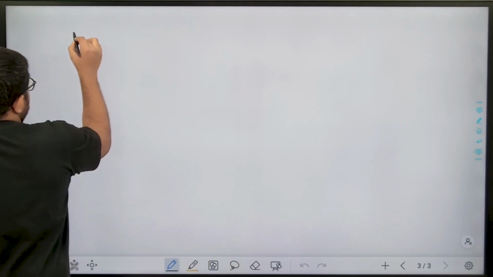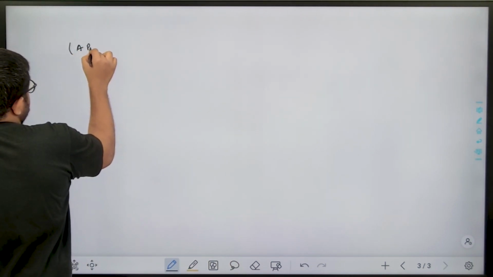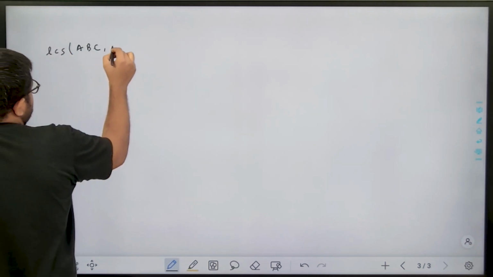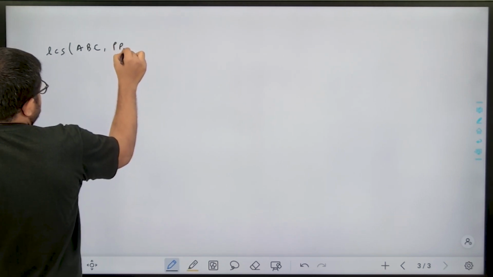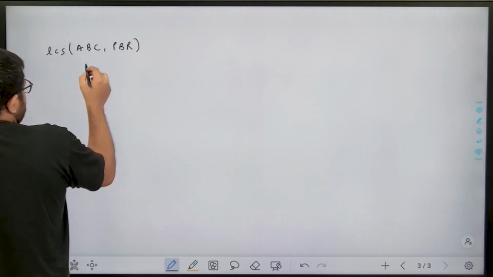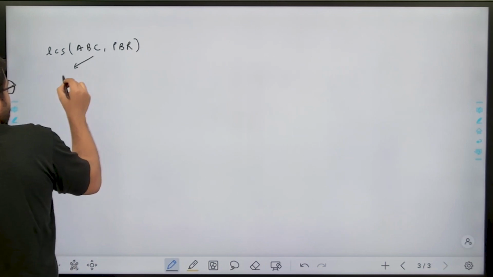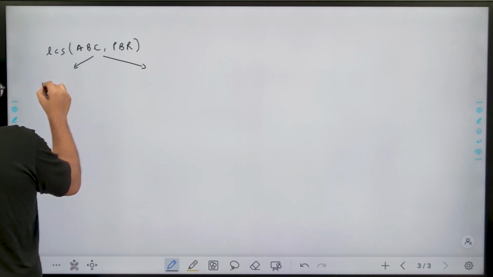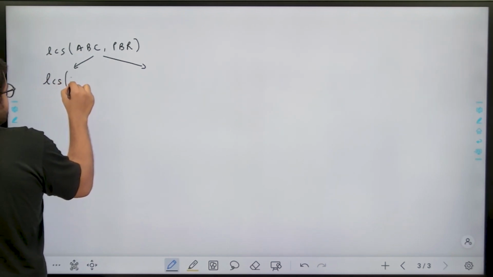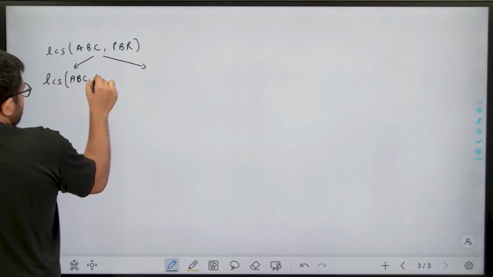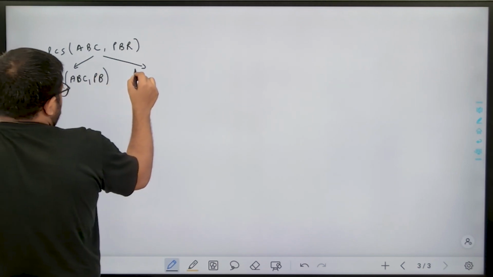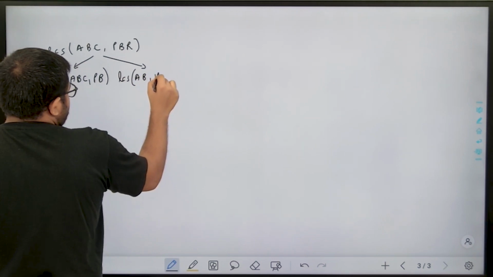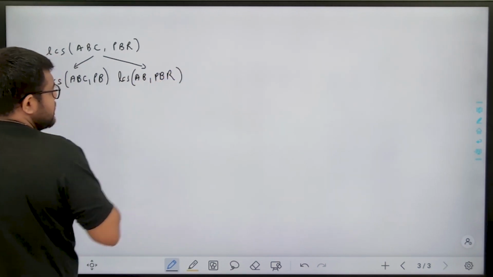So for example, if I want to find longest common subsequence between A, B, C and P, B and R, then since the last character do not match, I will call longest common subsequence of this, which is nothing but max of longest common subsequence of A, B, C, comma P, B, or longest common subsequence of A, B, comma P, B, R, right?